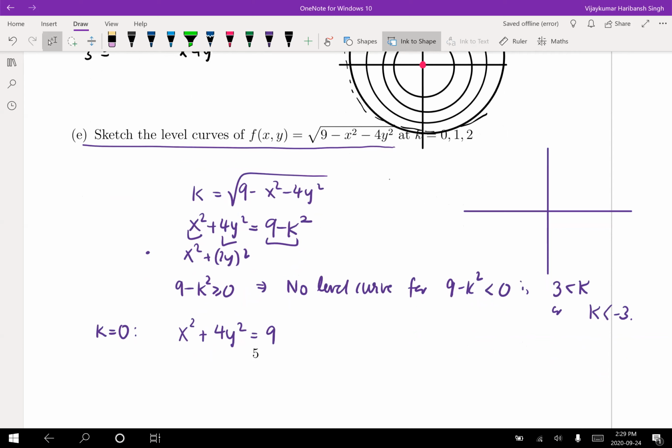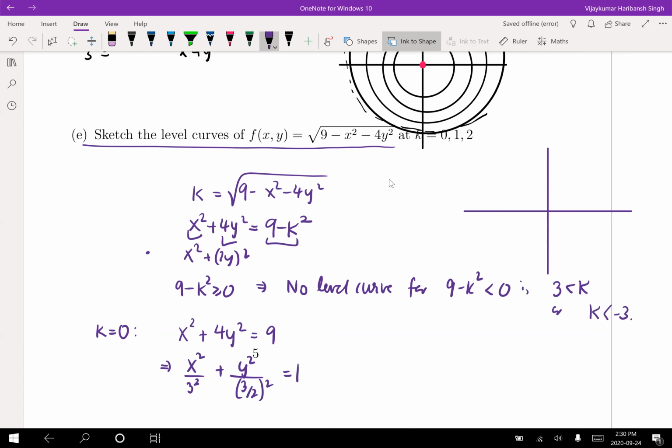And if you look at this, this is the same as (x by 3) square plus (y by 3/2) the whole square equals to 1. Right? That is an ellipse essentially.